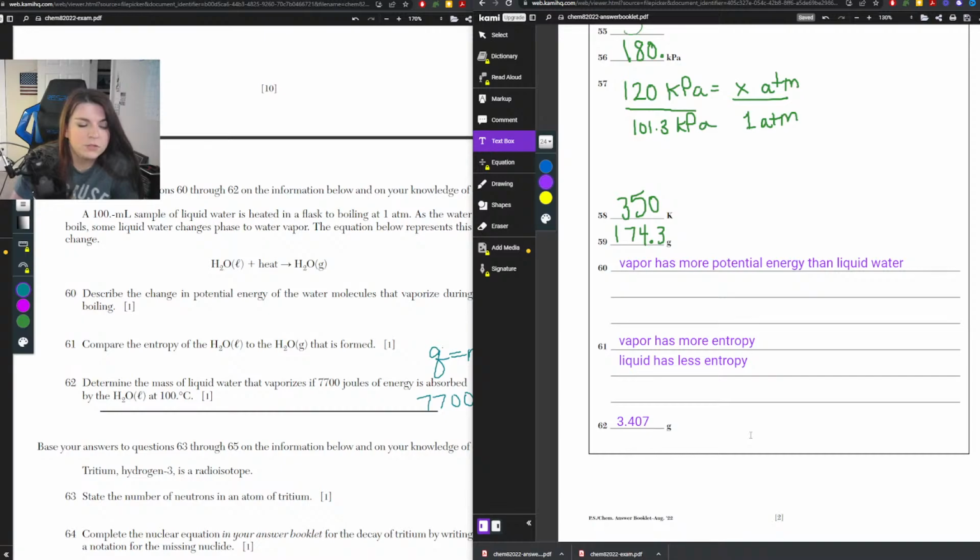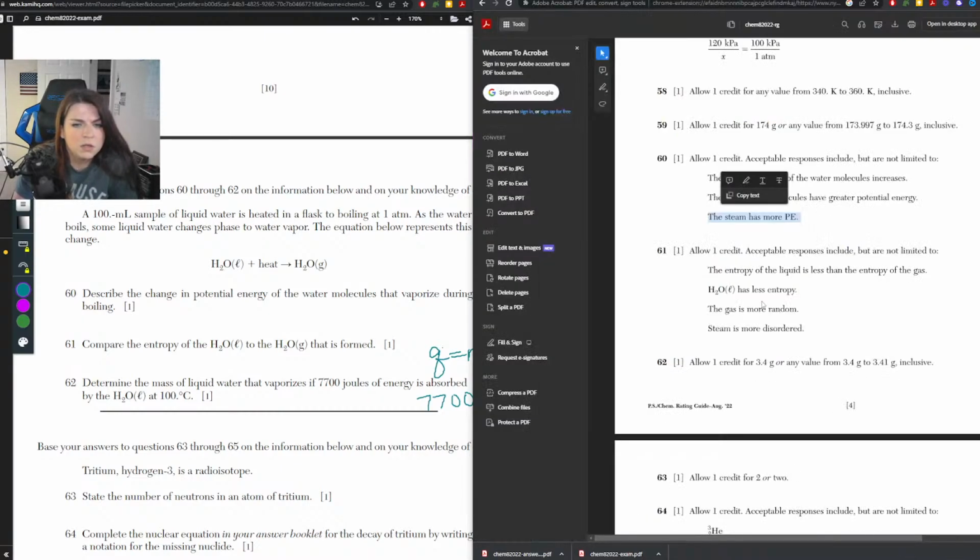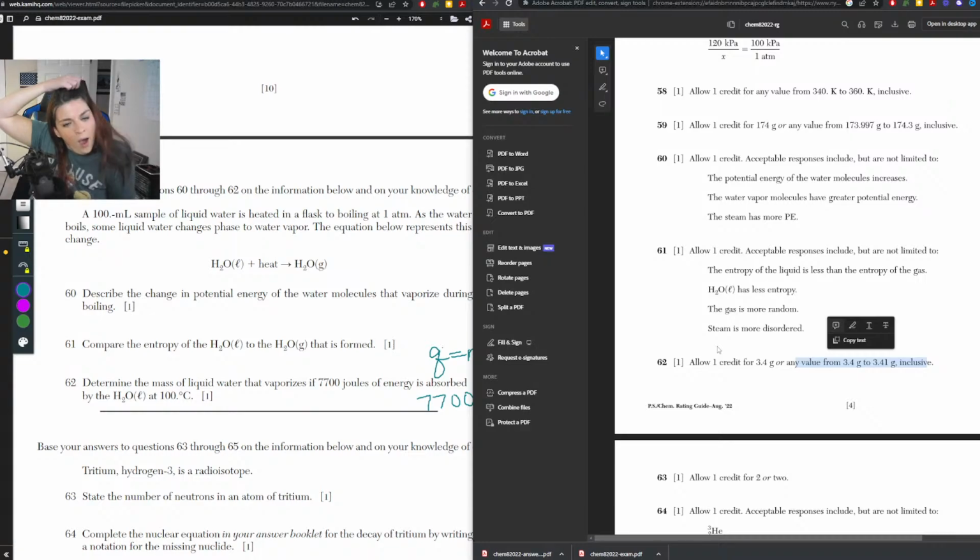And that would be my answer, 3.407 grams. And yes, my answer would work. The thing is that the calculator goes on forever and ever. It says any value between 3.4 and 3.41.